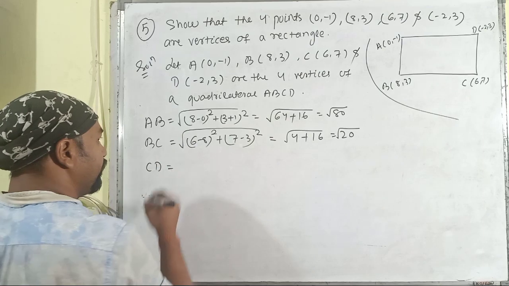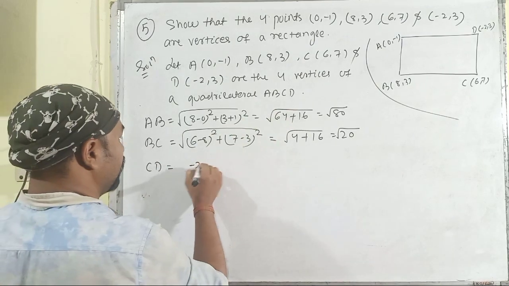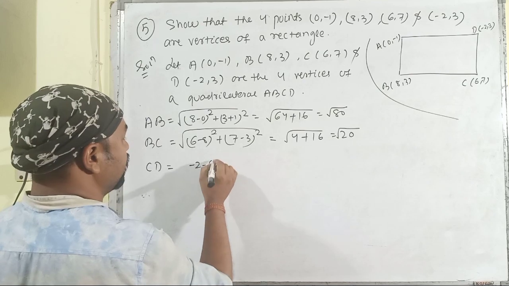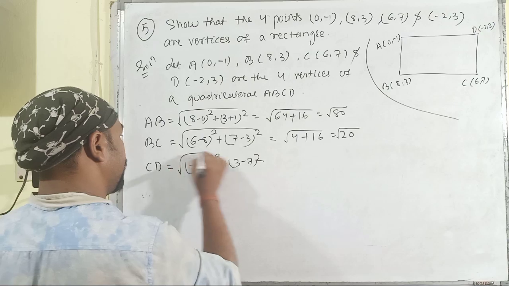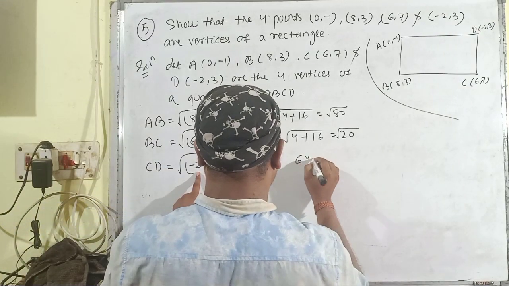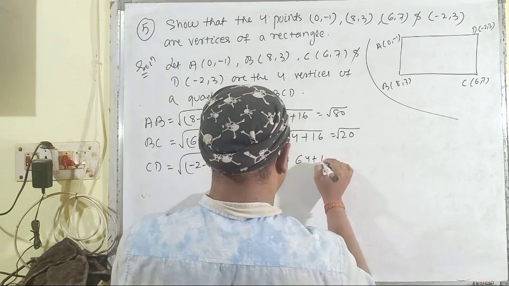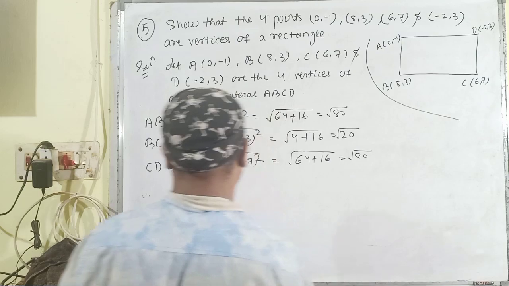Then CD, it is minus 2 minus 6 plus 3 minus 7. Here it is 64 plus 16. It is square root of 80.